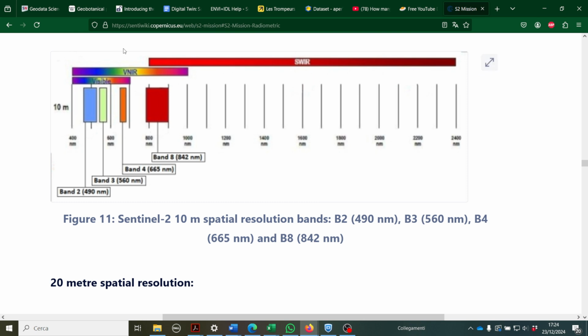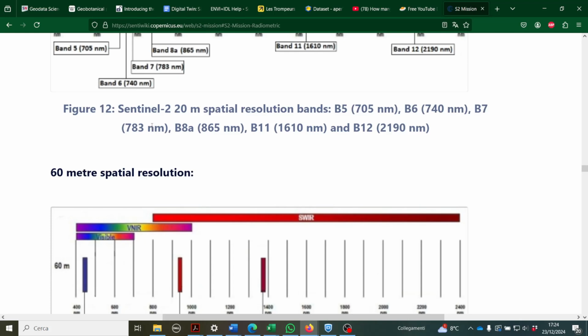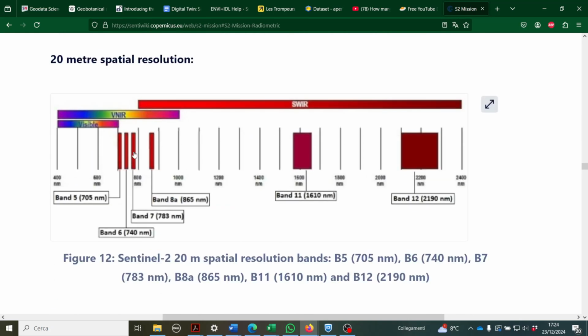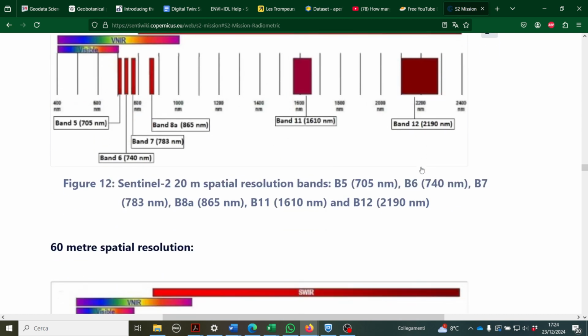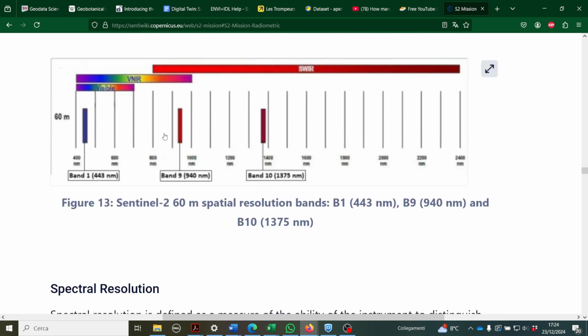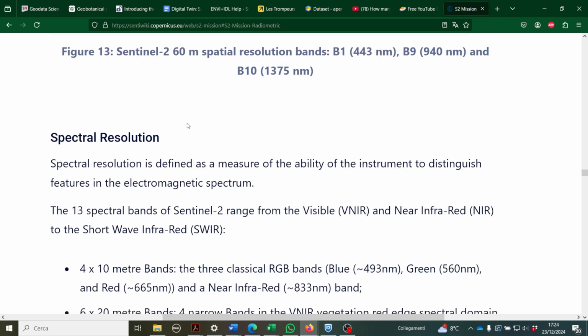You can see the electromagnetic spectrum and the amplitude of the different bands. These are bands number 2, 3, 4, and 8 at 10 meters. Then you have the others. You see that there are bands that are very narrow in wavelength, and there are bands, for example the last one, the 12, that is very large concerning the spectral interval, and these are the bands at 60 meters.